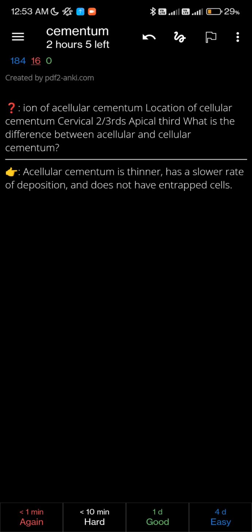And we talk about the rate of deposition: it has a slower rate of deposition, and acellular cementum is thinner. The rate of deposition is slow and it is very thin.